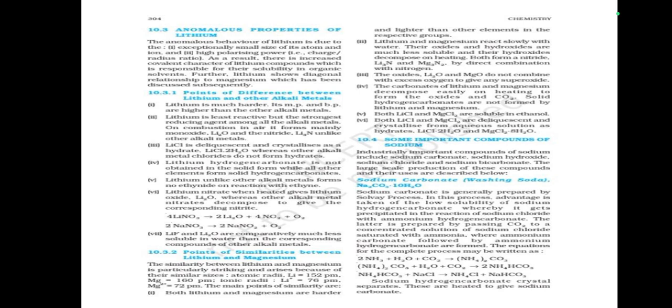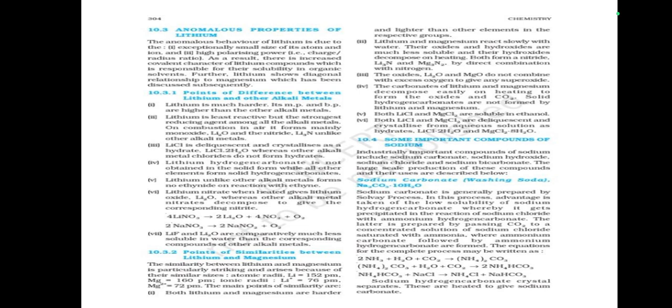Lithium, unlike other alkali metals, forms no ethynide on reaction with ethyne. Lithium nitrate, when heated, gives lithium oxide Li2O, whereas other alkali metal nitrates decompose to give the corresponding nitrite. LiF and Li2O are comparatively much less soluble in water than the corresponding compounds of other alkali metals.